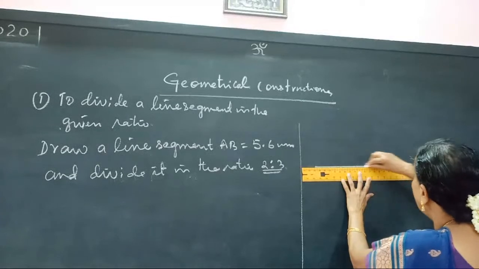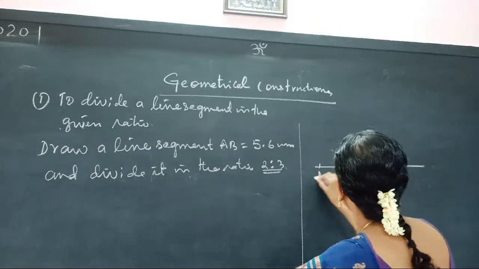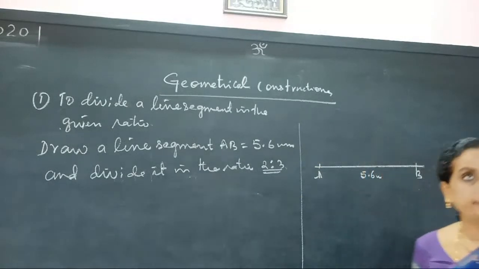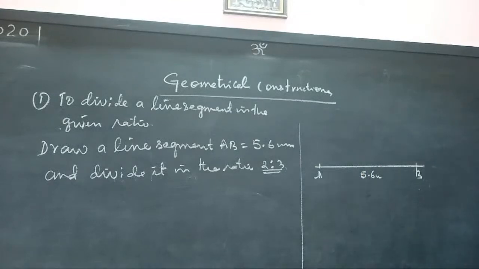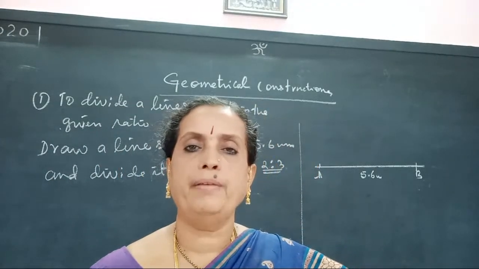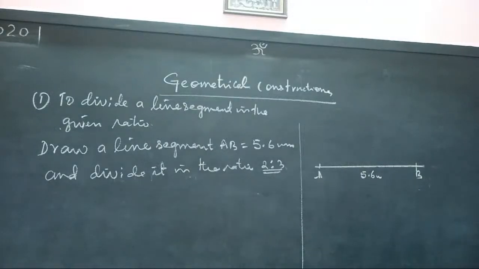Draw a line segment AB 5.6 centimeter. Draw a line segment AB of measurement 5.6 centimeter.